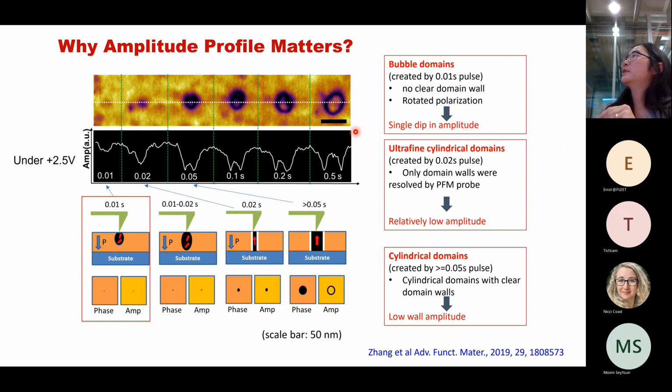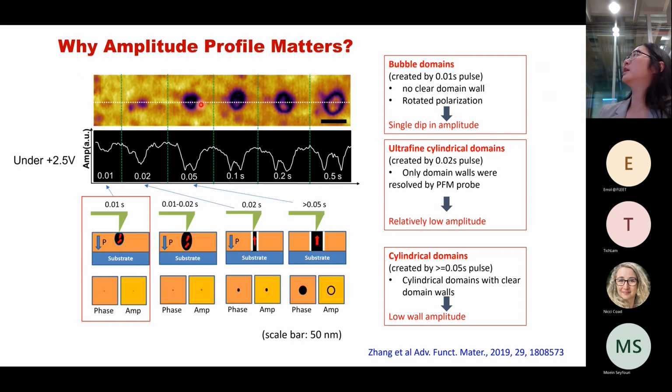These domains are formed under different pulse widths. This one was formed under 0.5 seconds, and we can see it's a very typical cylindrical domain, where the cross section of the amplitude shows a W shape. The inside and outside of the domain show a high amplitude, and at the domain walls, it reaches the bottom.